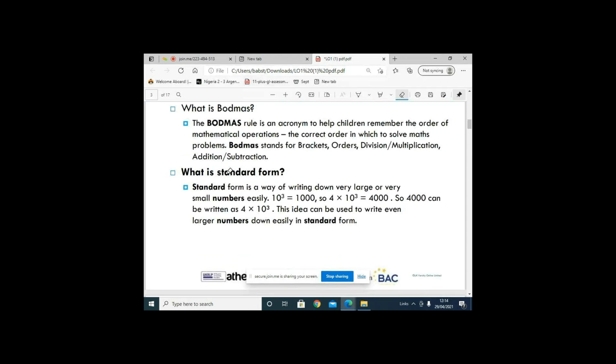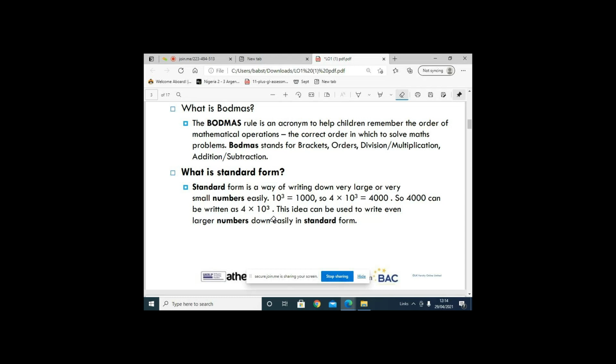So standard forms too. When numbers become too big in mathematics, we express them in standard form. Because sometimes when you type something on a calculator and it gives trillions, it's going to take too much time to write those numbers down. So we use something called standard form, which is used for writing very large numbers.